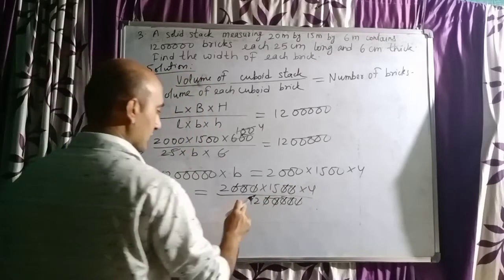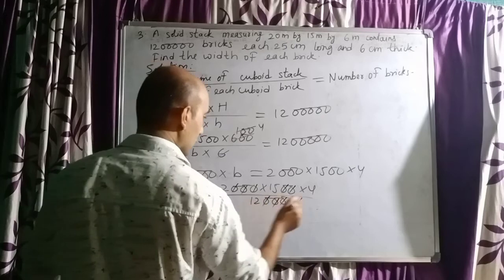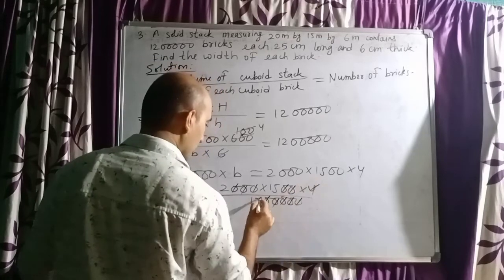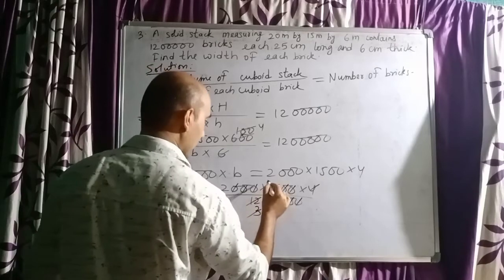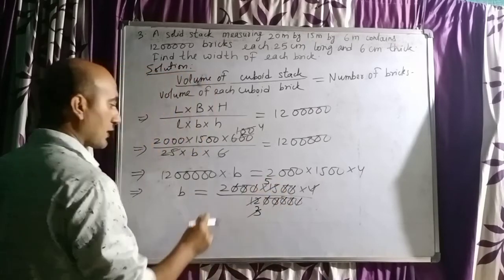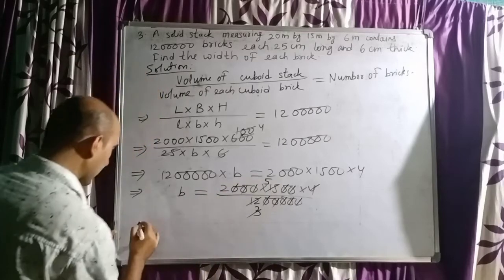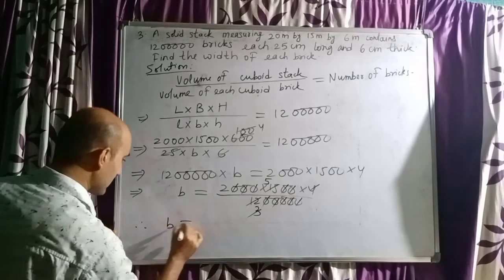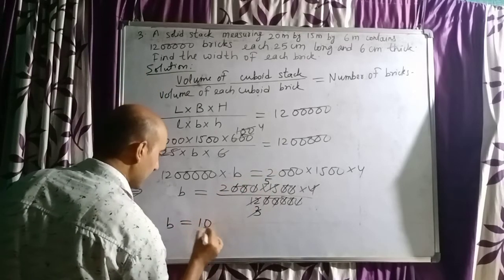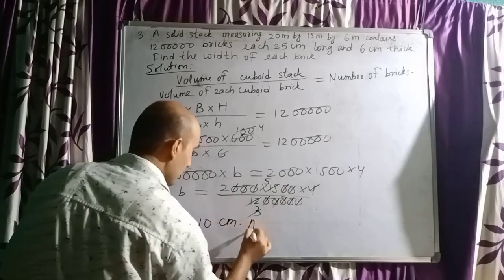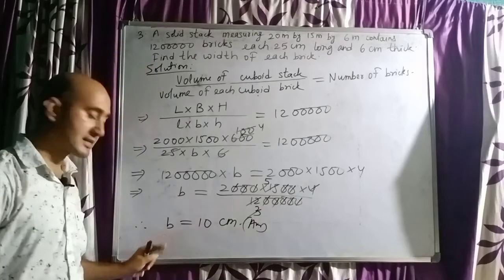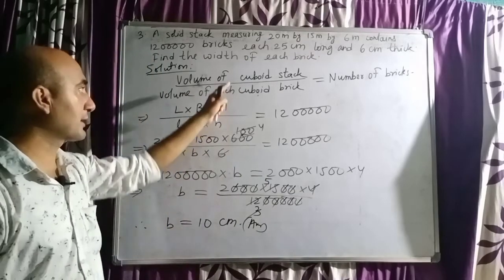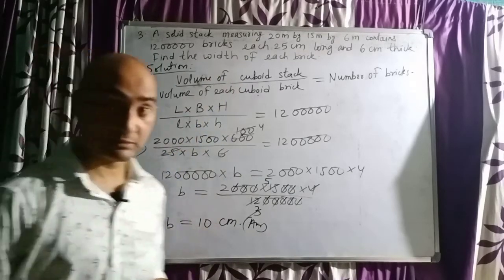So you can see it is now only 12. Now 4 ones are 4, 4 threes are 12, and 3 ones are 3, 3 fives are 15. So you can see only 2 and 5 remaining at the end. So B is 2 fives are 10 centimeter, because we have converted everything into centimeter. So I can say the breadth or the width of the brick will be 10 centimeter.